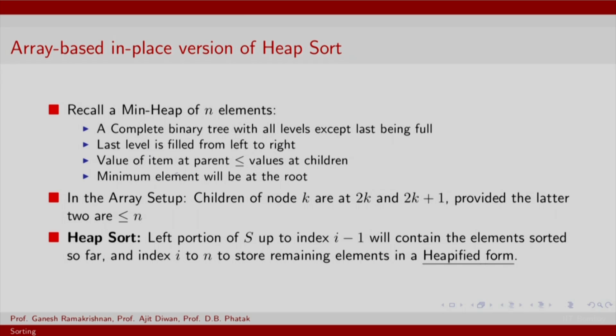The value of an item at parent is less than or equal to the values of children and the minimum element will be at the root. So in the array setup, the child of node k will be at 2k and the other child will be at 2k plus 1. Of course this is provided the latter two are less than or equal to n. If not, then one of them may be empty, and that is why it is possible that the last level is not necessarily completely filled up.